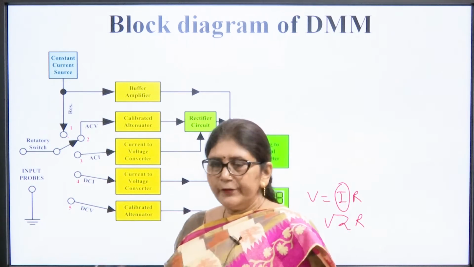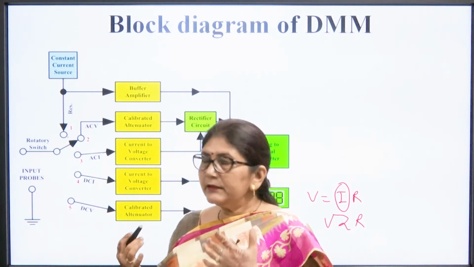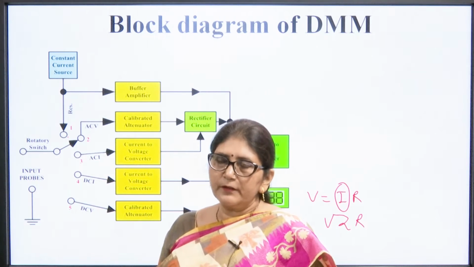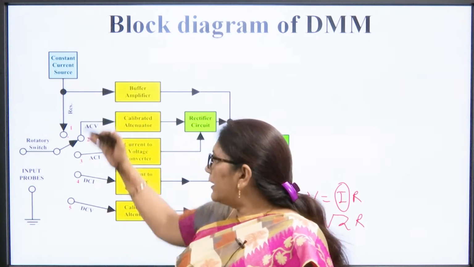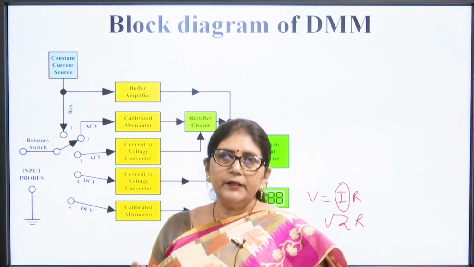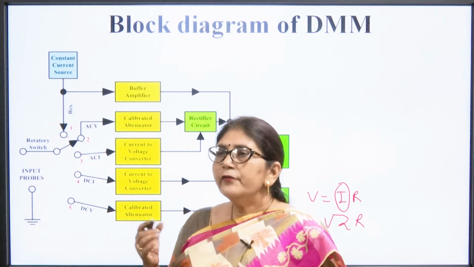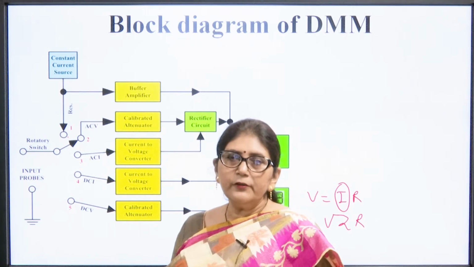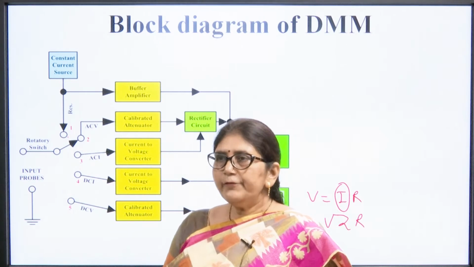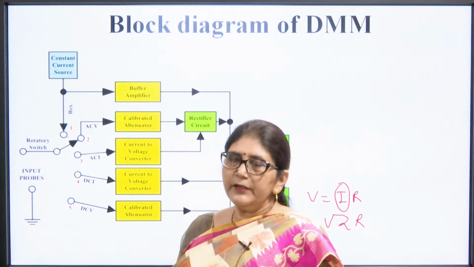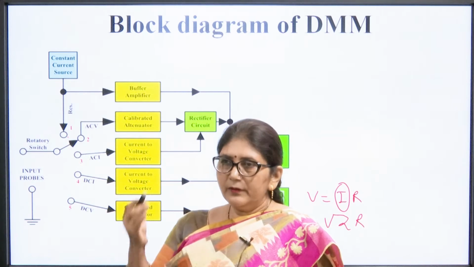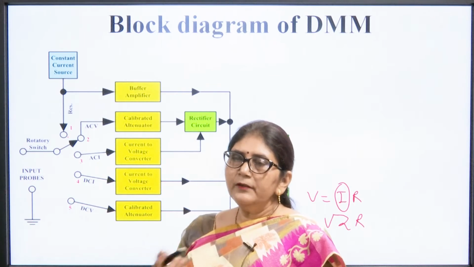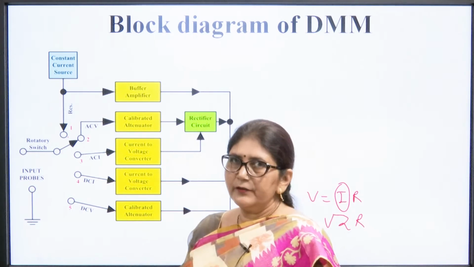In every instrument we need either an attenuator or an amplifier circuit, so after every selector switch there is an attenuator and an amplifier. If the signal amplitude is very weak, we need an amplifier circuit to amplify that signal, and if the signal amplitude is very high, we need an attenuator to clip off the voltage, to reduce the voltage.